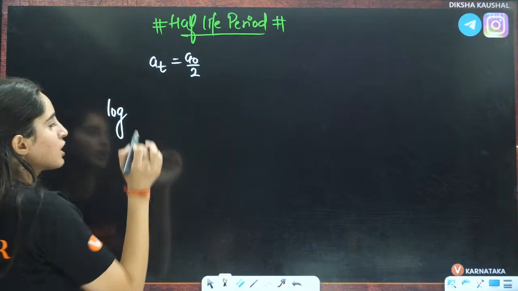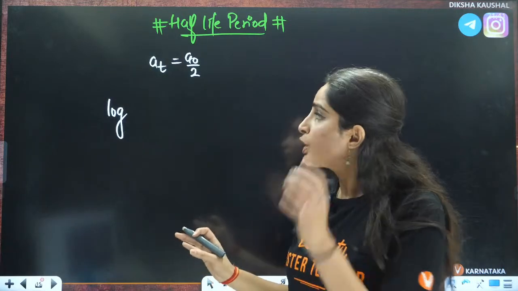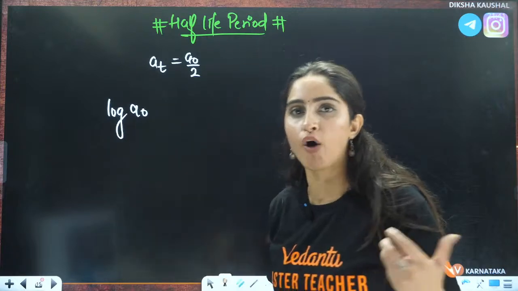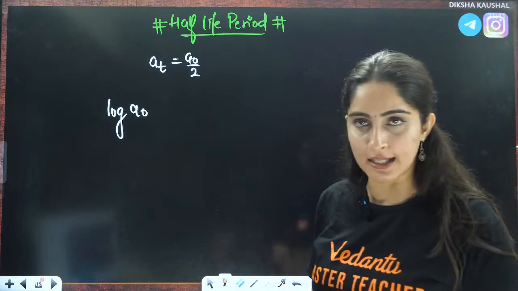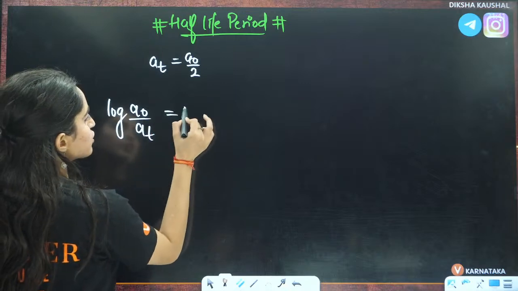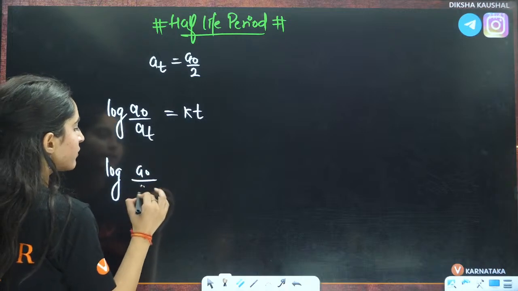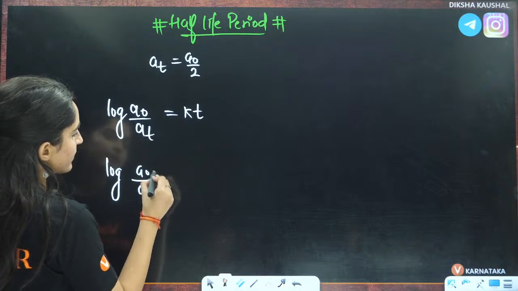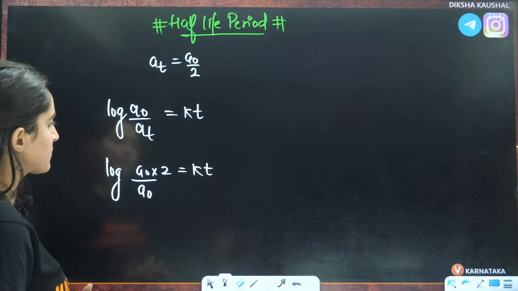Whenever you are doing numericals or putting any value, you will always use this formula with log base 10, not natural log. So this is log of A naught by At equals kt by 2.303. What is At? That will become A naught divided by 2.